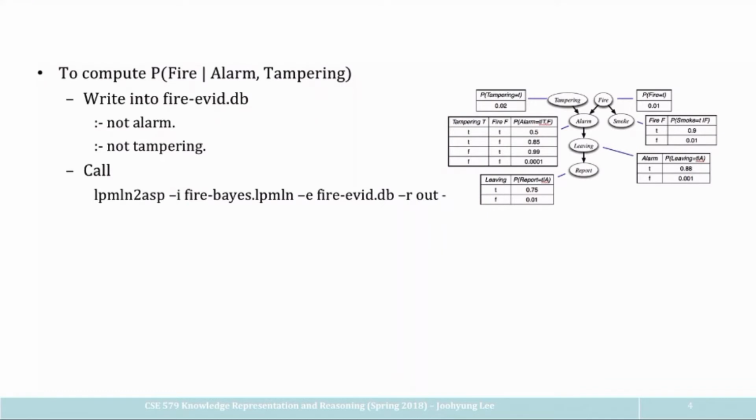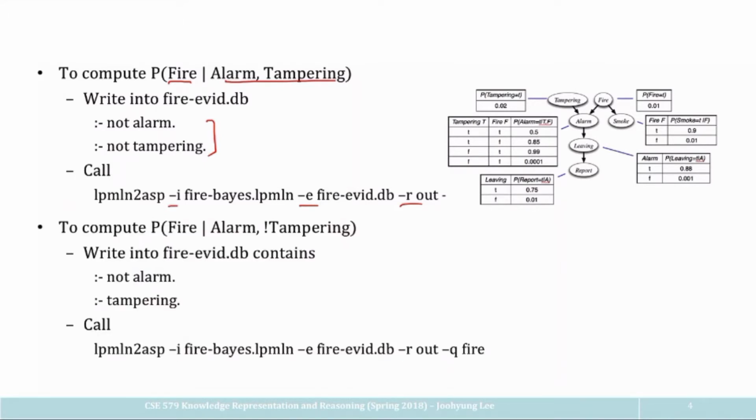And we talk about how to use this system to compute the probability. To compute the probability of fire being true, given that alarm and tampering are true, we write into the database the evidence part, that alarm is true and tampering is also true. And then we call the system using the usual command line as we know in Alchemy.